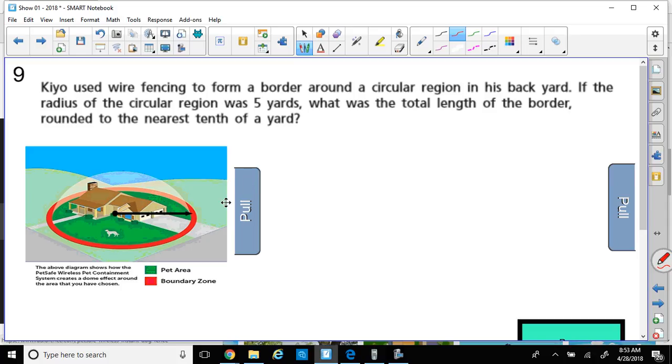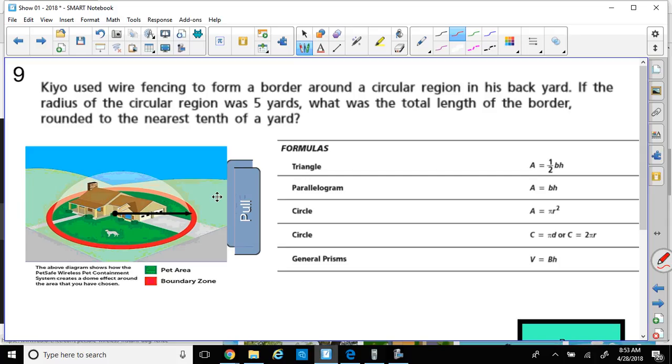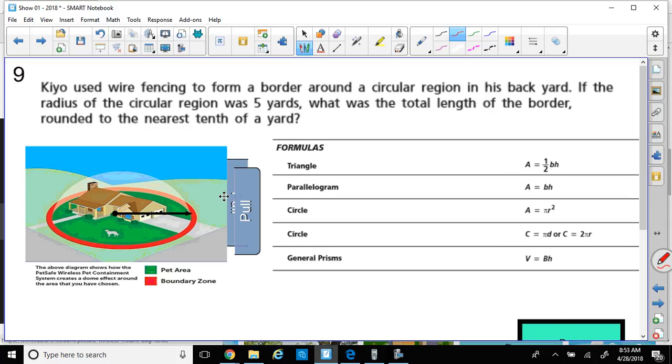So we need to find the diameter. That would help us out because that's one formula we could use, because there's a reference sheet that we had. Pull that out a little bit, and hopefully you remember when we're dealing with a circle, there's the area formula and there's the circumference formula. So we're talking about circumference because it goes around, and that was the key word.